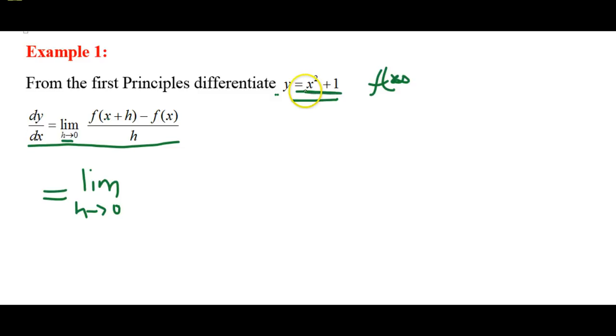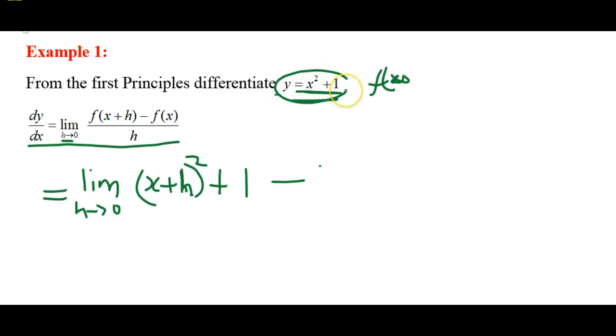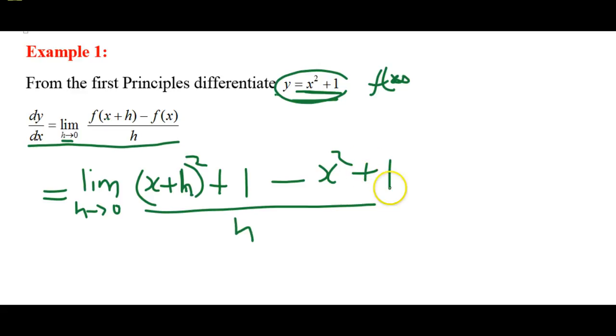And so I want to write the function, and x will be x plus h all squared, plus 1, then minus the whole function, which is f of x, so that will be x squared plus 1, all divided by h. So I'm trying to write the function in place of this, and that is how the formula is going to be.